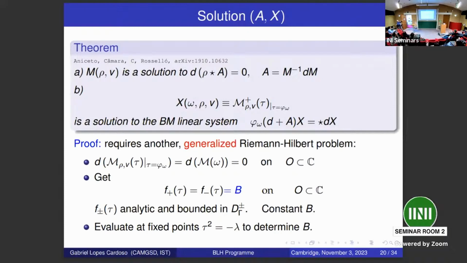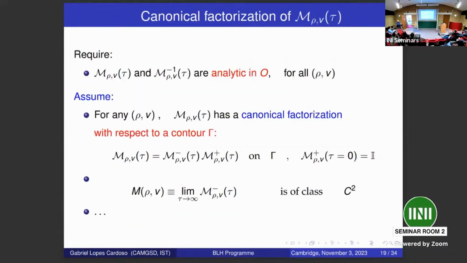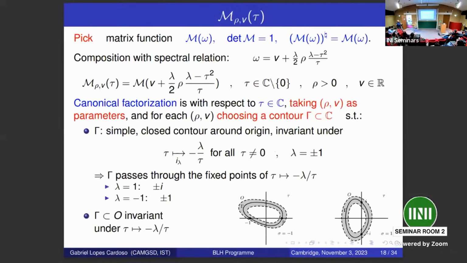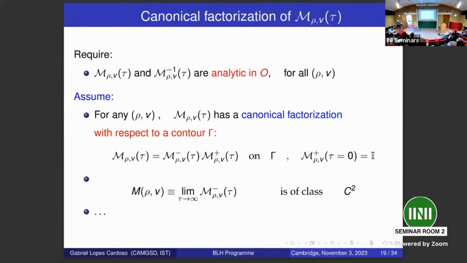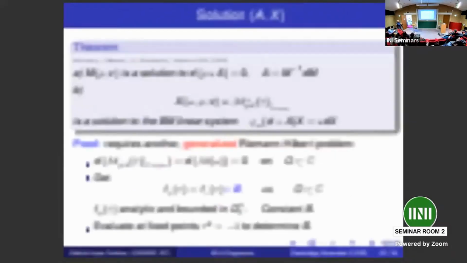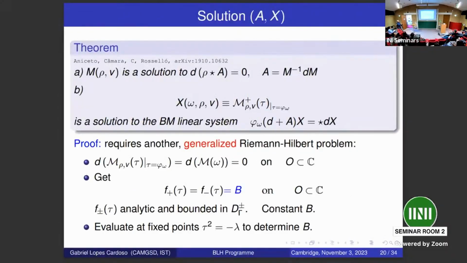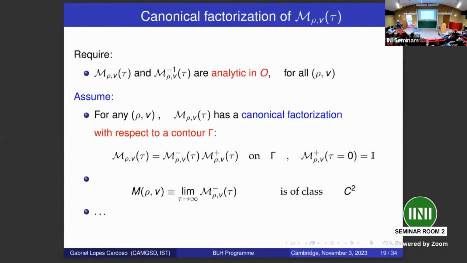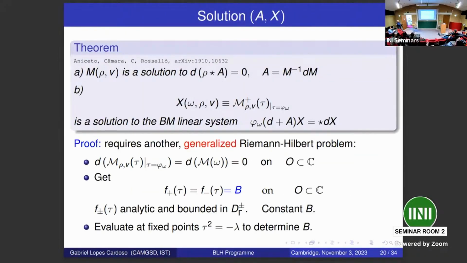You have done the canonical factorization of this matrix curly M of W. You assume that this was analytic in that region O that includes the contour gamma, and also its inverse was analytic there. And then there's a theorem which says that the M that you get by taking the M minus and evaluating at tau equals infinity is the solution to the equation of motion.